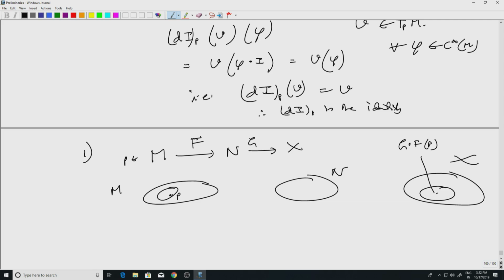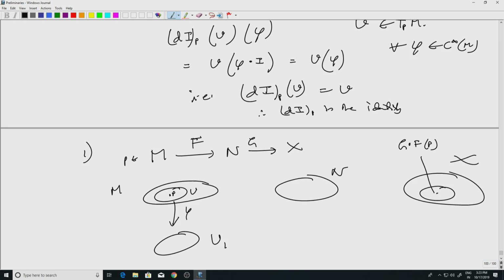Since F is smooth, I'm assured that for any chart here and any chart here, the corresponding map is smooth, and similarly for G. Essentially, let's just start with some chart here, phi, which will go to U1.